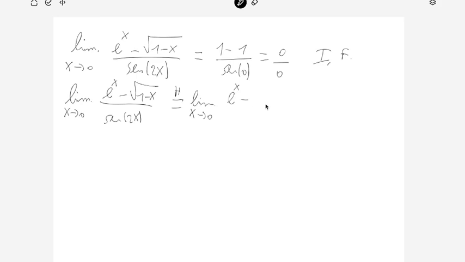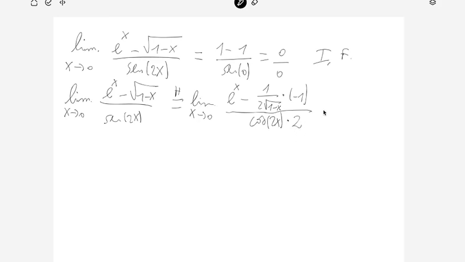The derivative of the square root is 1 over 2 square root of the argument, times, because it is a composite function, the derivative of the argument, which is minus 1. Okay, over the derivative of sine of 2x. The derivative of the sine is the cosine of 2x, times the derivative of the argument, because this is also a composite function. So the derivative of 2x is 2.